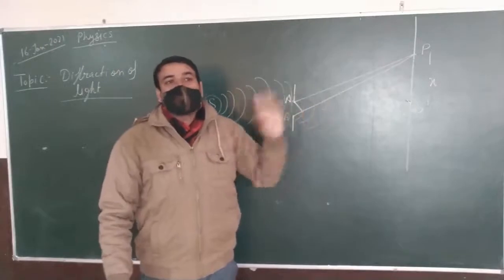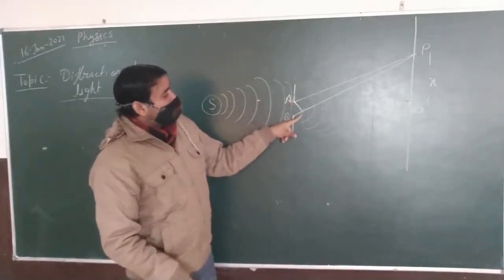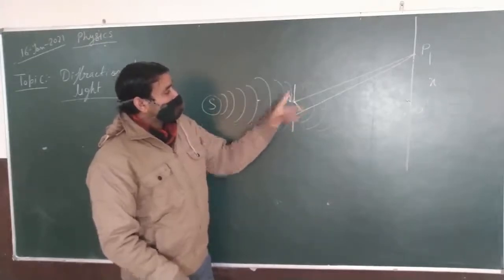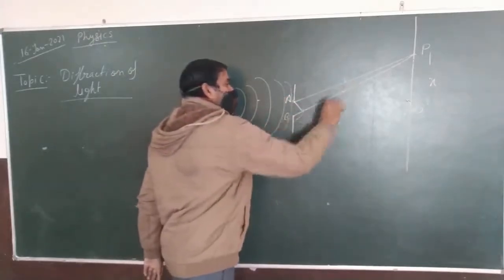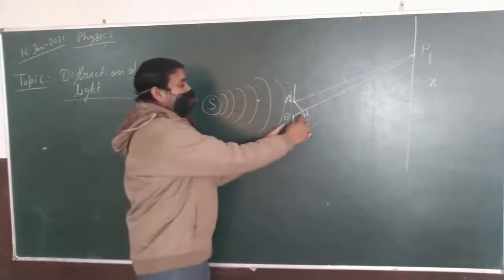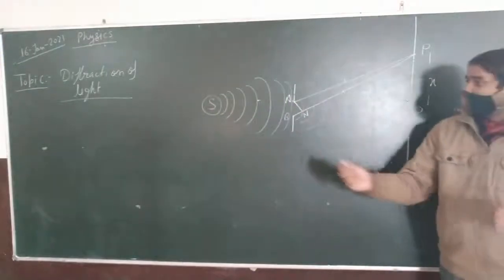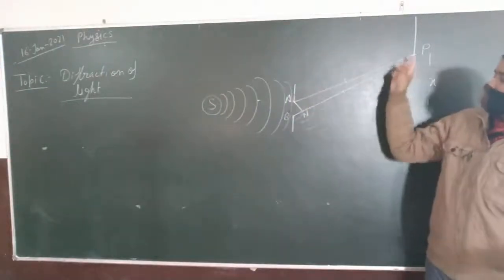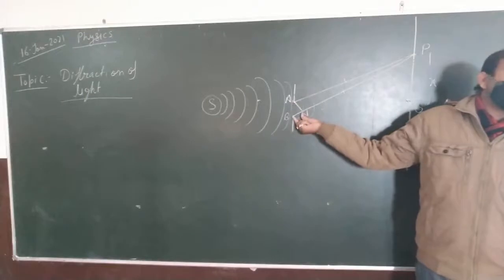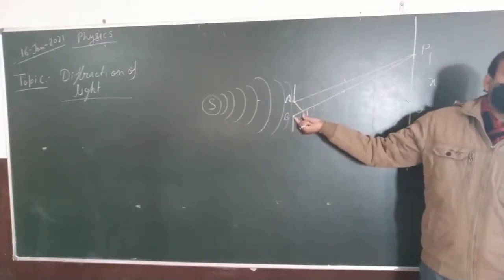Another method is, if we apply a perpendicular from the same side, this to NP, then this distance BN is the exceeding or larger distance from AP. So this will be the path difference. Clear? So we need to calculate this BN only.